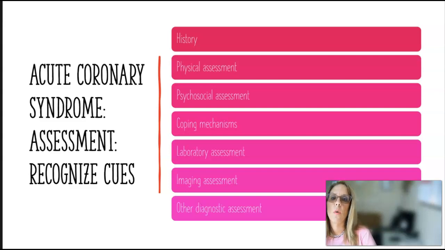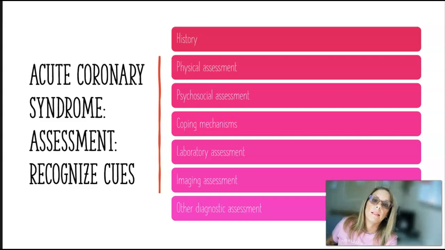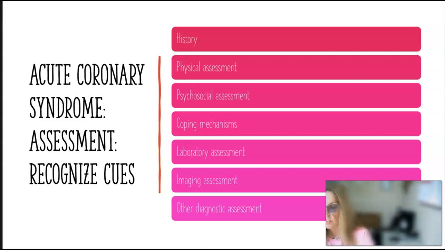So rather than asking a lot of questions, we're going to really have to do a rapid focused physical assessment and then even maybe go into treatment. So we're going to look at our vitals, look for elevated heart rate, respiratory rate. We may see decreased or increased blood pressure, and decreased O2 sat would be a sign of poor perfusion.